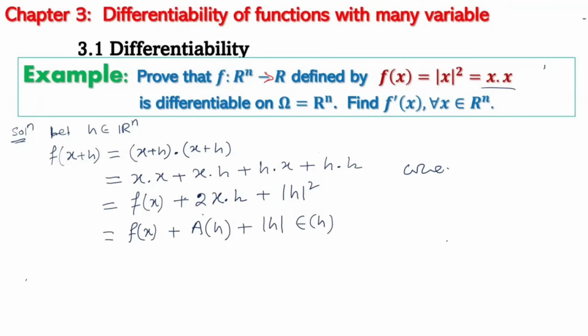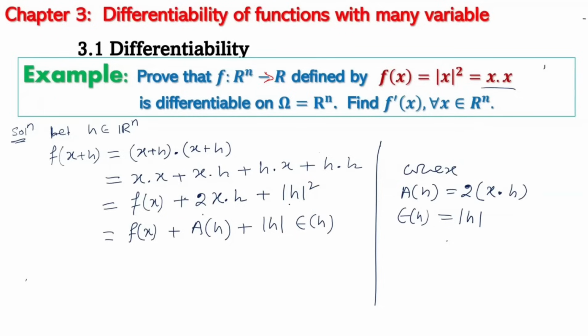where A h is equal to 2 x dot h and epsilon h is equal to absolute value of h, because this absolute value of h whole square we separate as per our requirement, absolute value h multiplied by epsilon h.